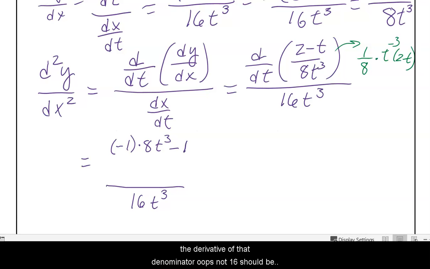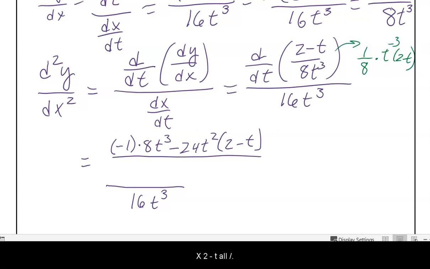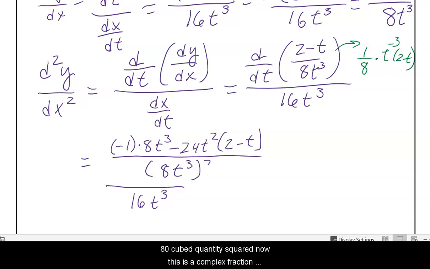So I'm going to have the derivative of that denominator, oops, not 16, it should be 24, 24t squared times (2 minus t), all divided by (8t cubed) quantity squared.